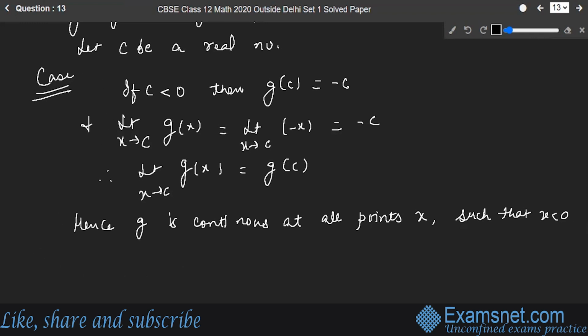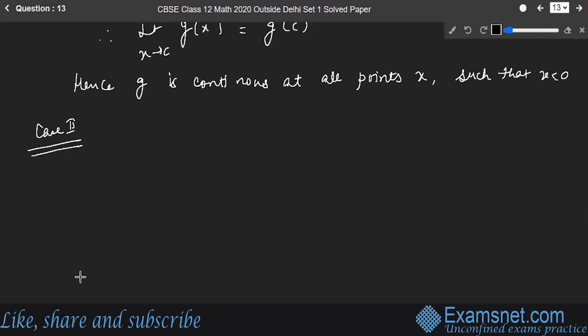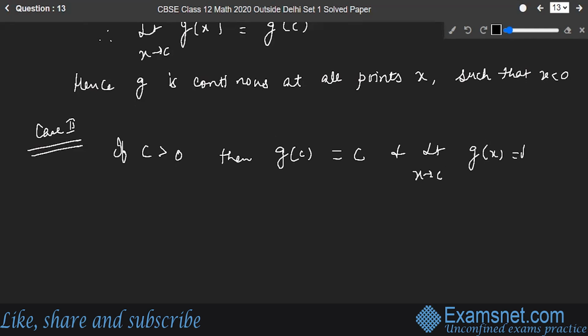Now, the second case, this is the first one. Let's take the second case. So, if C is greater than 0, C is positive, then g of C will be equal to C, and the limit as x approaches C of g(x) is equal to the limit as x approaches C of x only, right?